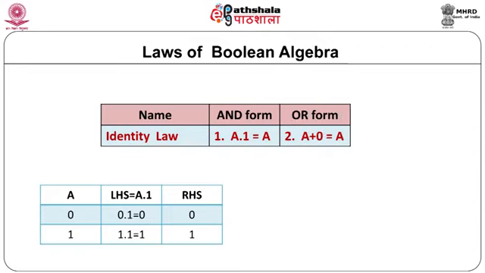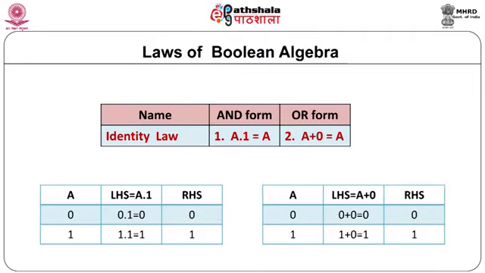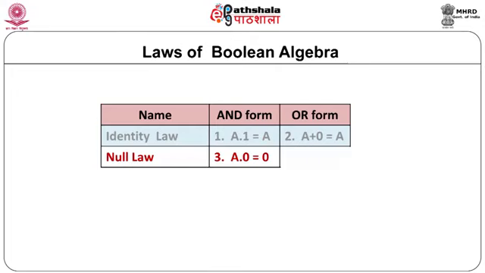Law 2, A or 0 is equal to A, that is a variable ORed with 0 is equal to the variable itself. Substituting the values of variable 0 and 1, one can verify this law similar to the previous law. Let us discuss the null laws.